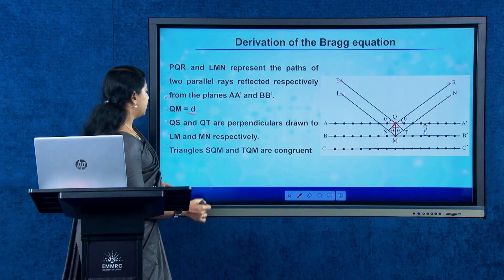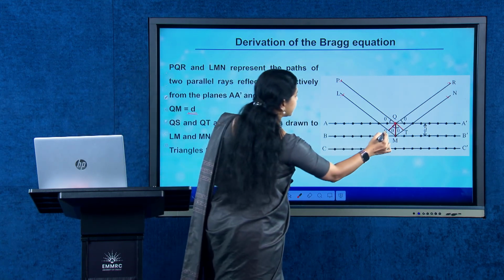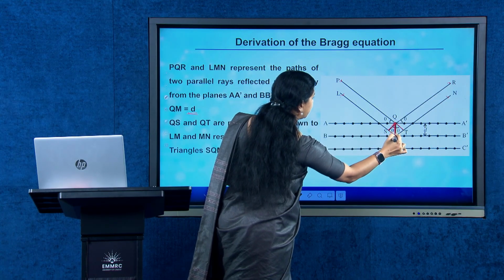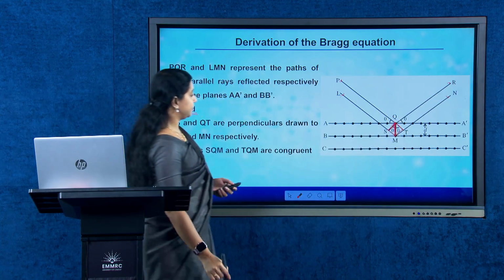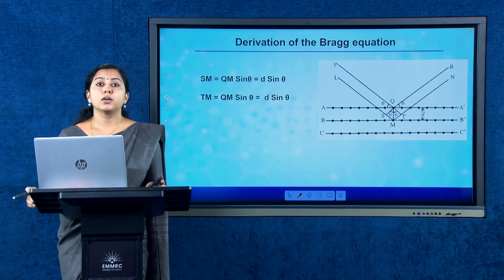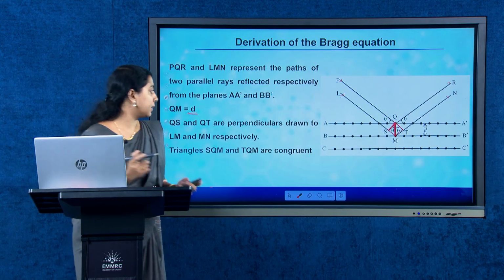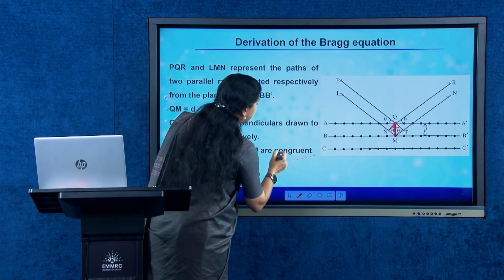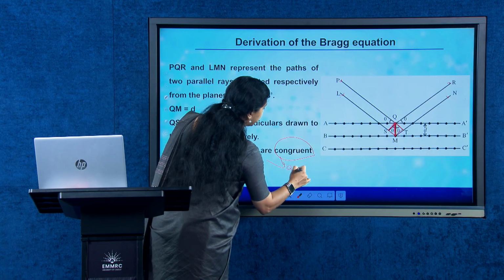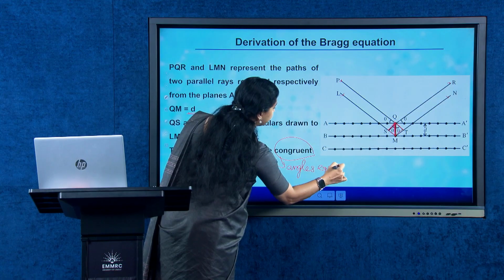Okay. So, if we consider two triangles SQM and TQM, we can see that these two triangles are congruent triangles. So, what is meant by congruent triangles? Congruent triangles means they have equal size, shape, and the corresponding angles will also be equal.